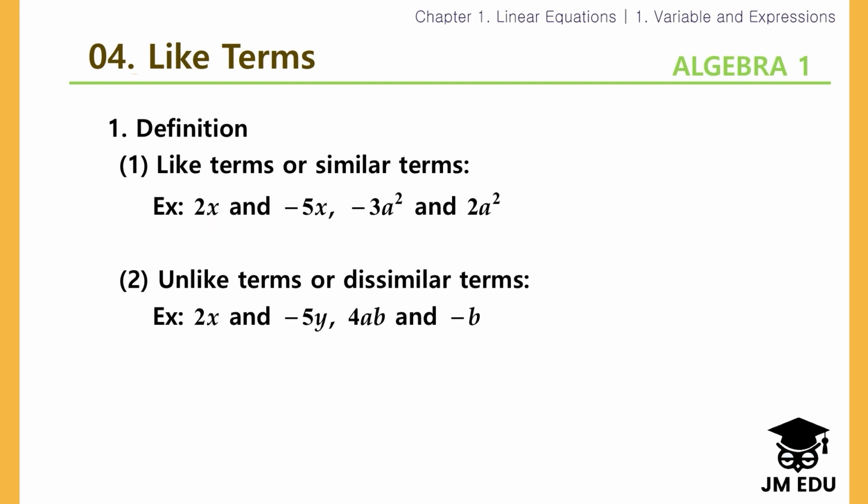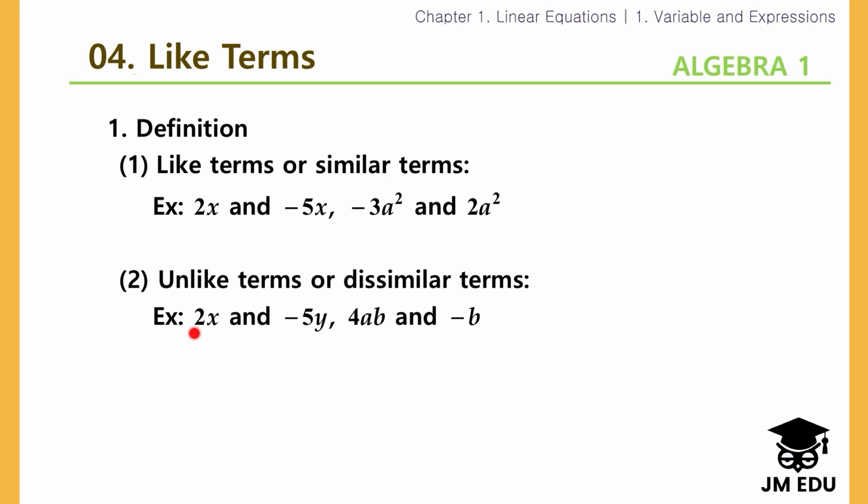Let's say we have negative 3a squared and 2a squared. Both of these two terms have variable a squared, right? Then these two terms are like terms or similar terms. Unlike terms are terms that have different variables.